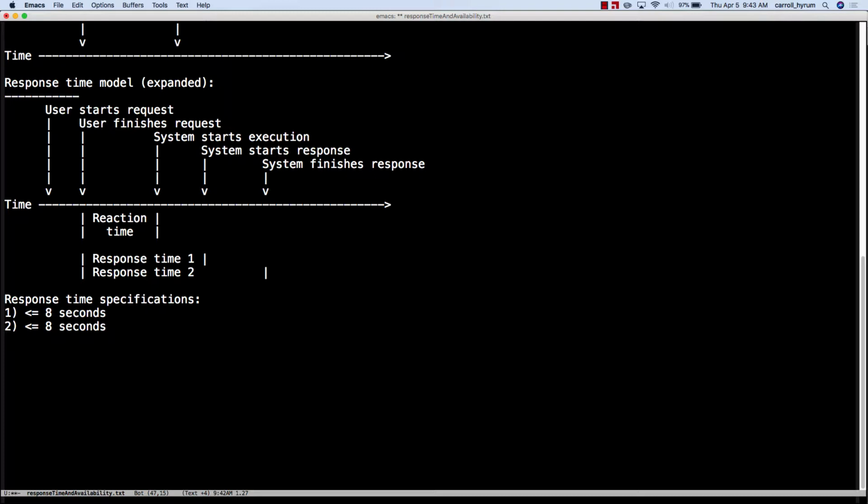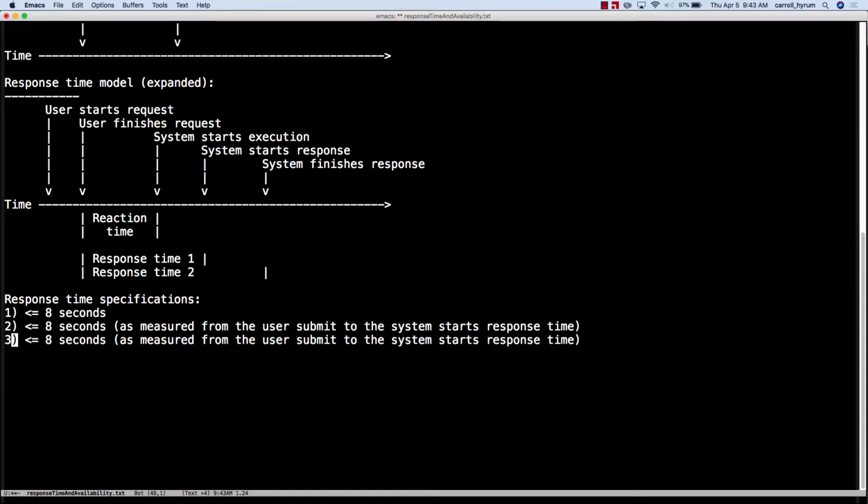Option 2 is they say less than 8 seconds, but they clearly define that as measured from the user submit to the system starts response time. Okay, is that an improvement? It makes it more clear. Okay, well, what are we talking about? Because we've had some different definitions here, just in this small group, of what is response time.